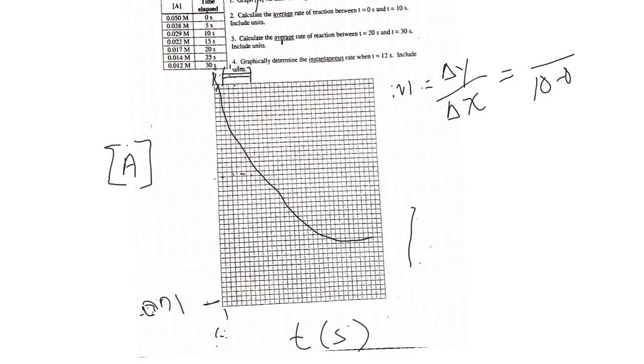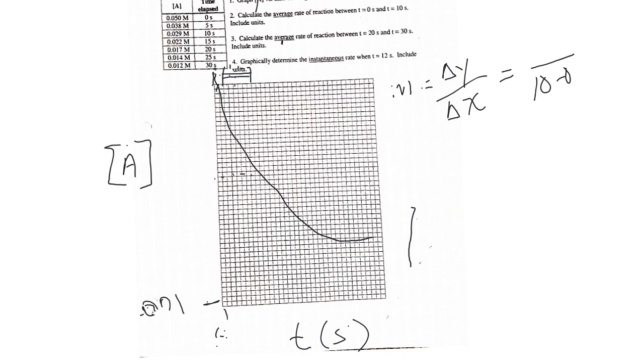And then finally, on point number 4 there, it says graphically determine the instantaneous rate when time is equal to 12 seconds.